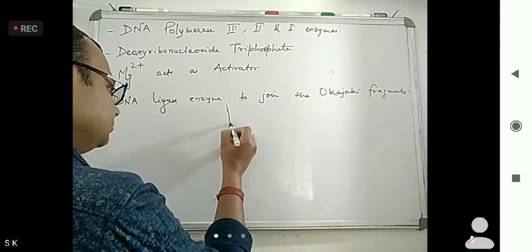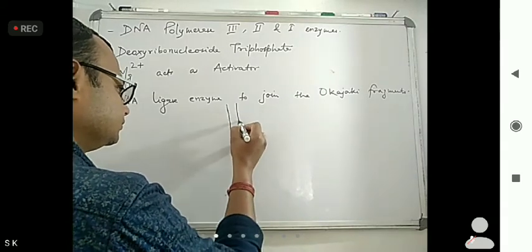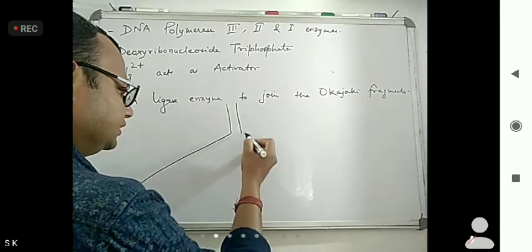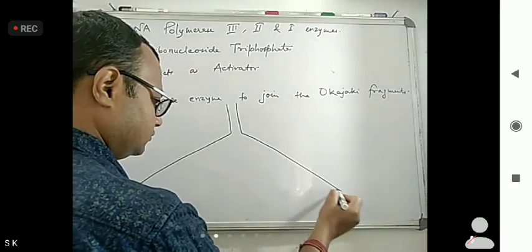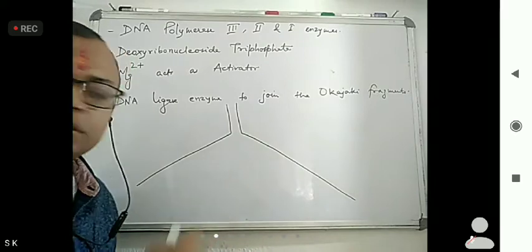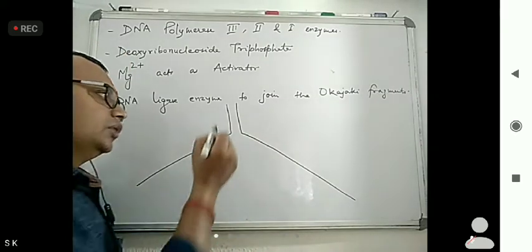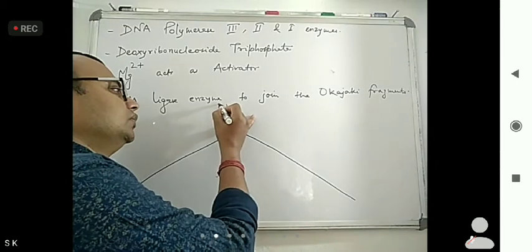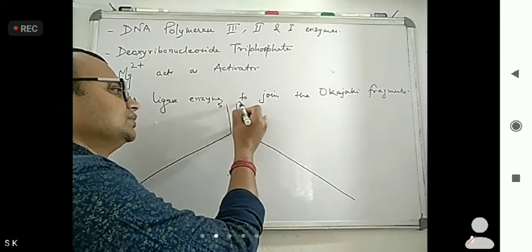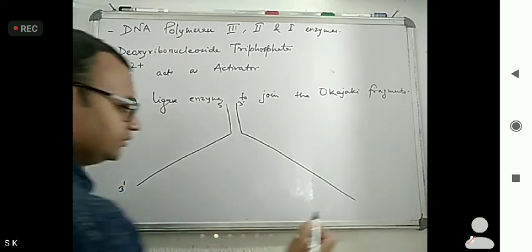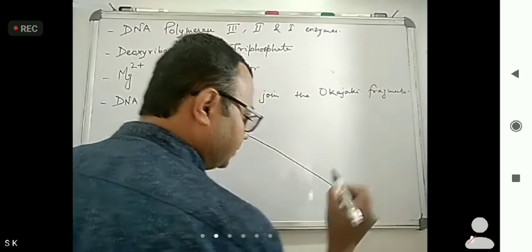So this is the parental DNA. This is unwinding. So it looks like a Y, making a Y fork. Now we already know this is 5 prime, this is 3 prime. So here also it will come 3 prime, this will come 5 prime.